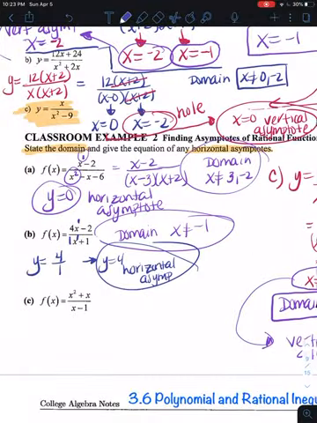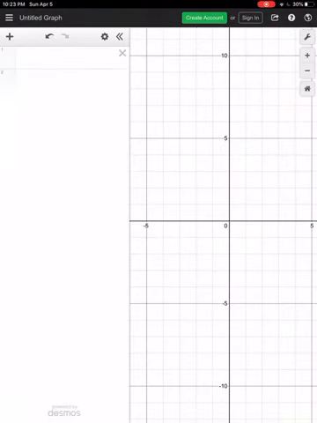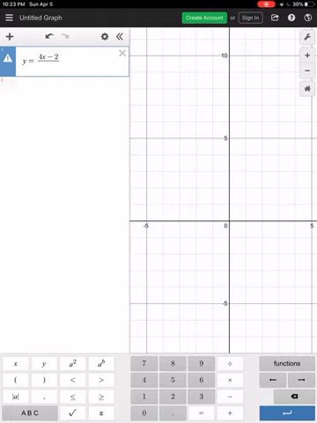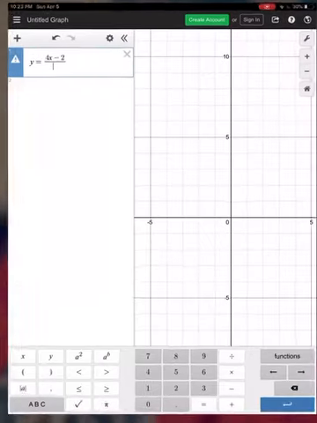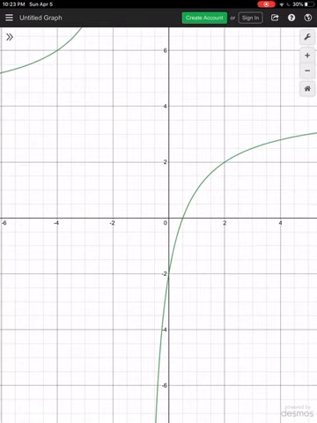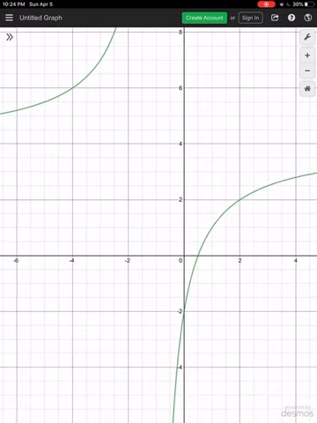So let's graph y equals 4x minus 2 over x plus 1.